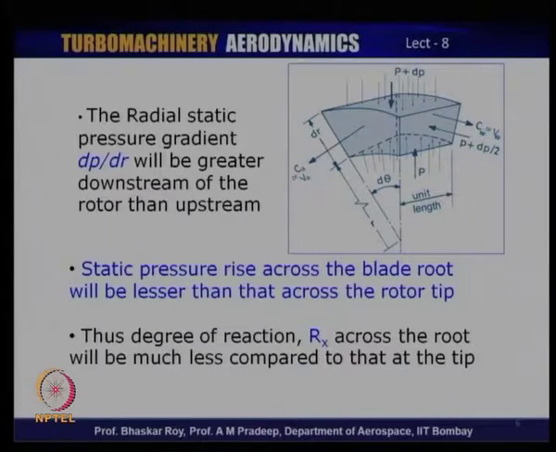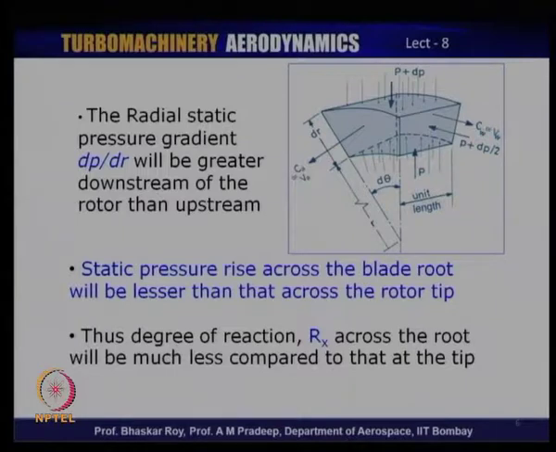This also comes out of the free vortex law. The work done at the tip is likely to be of a higher order, where the u is much higher, and at the blade root the value of u is much lower, and as a result the static pressure rise would be much lesser at the root than at the tip.